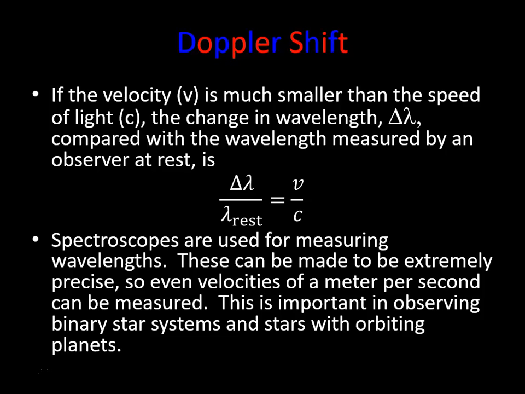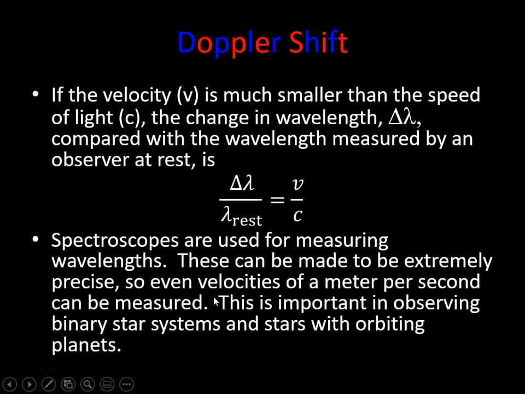So there's an equation for this. It's an important equation, an equation you should know. The shift in wavelength compared with what it normally would be is equal to the relative speed of the source and observer divided by the speed of light.